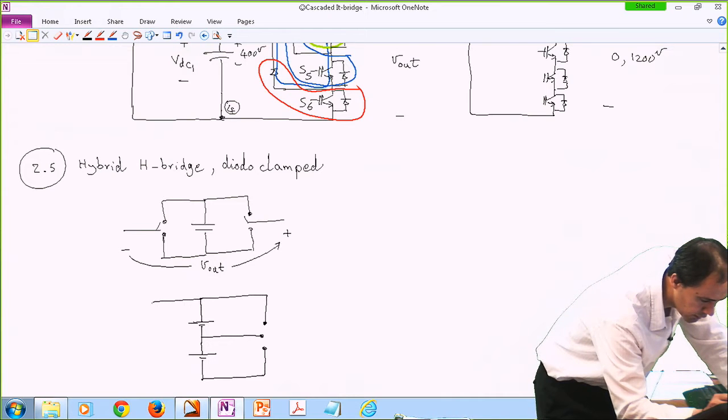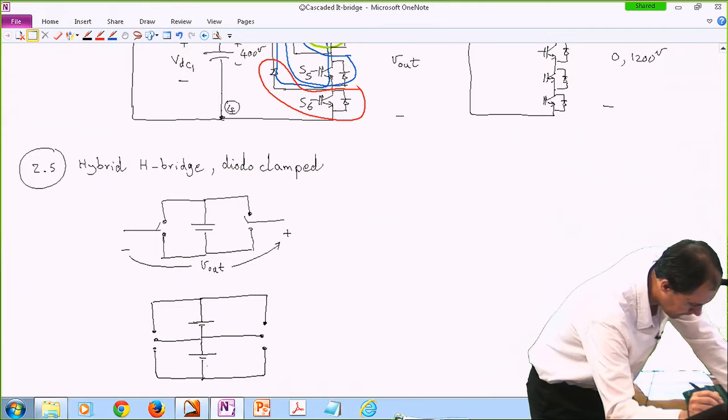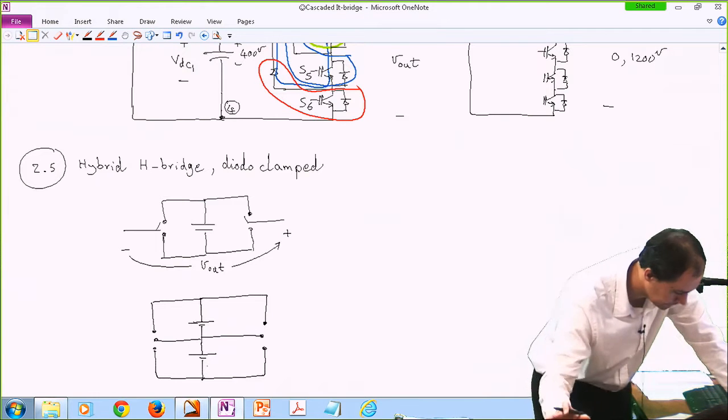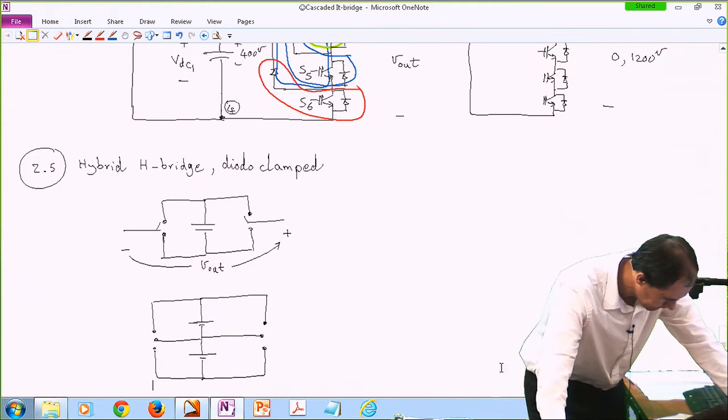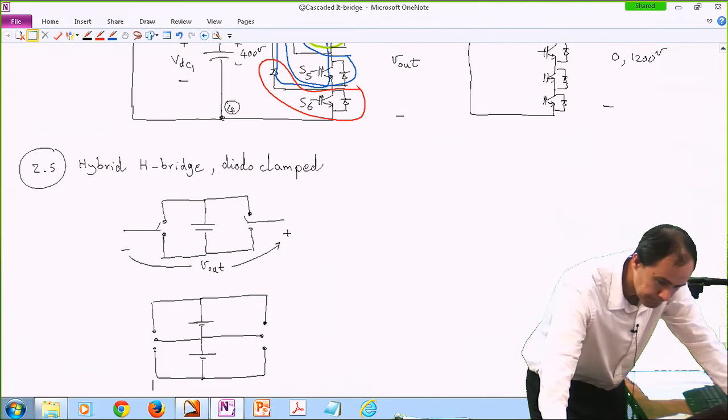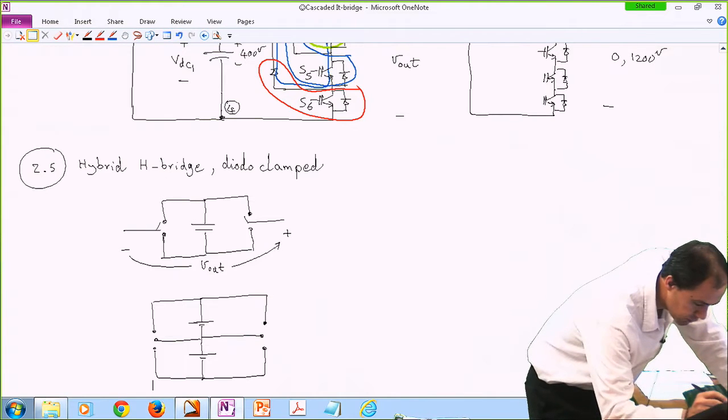So one on the right and one on the left. All right, so I'm going to label this to be VDC1.